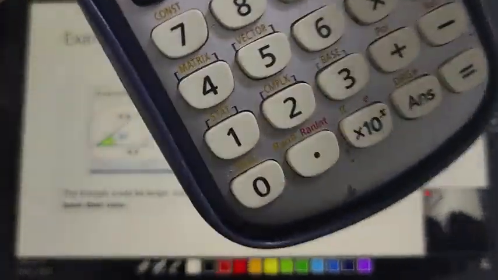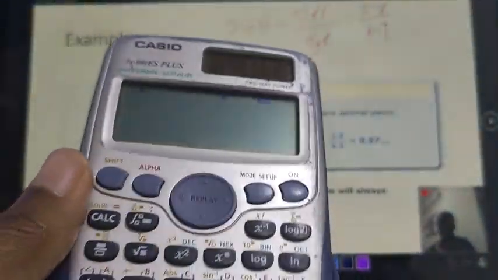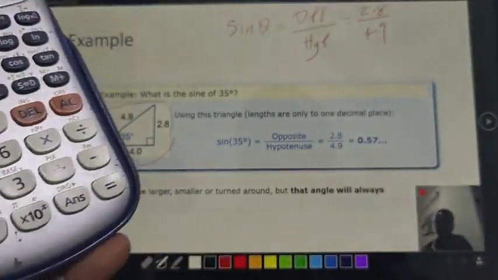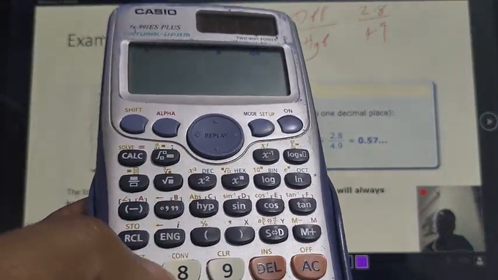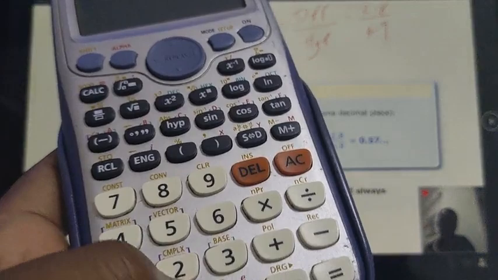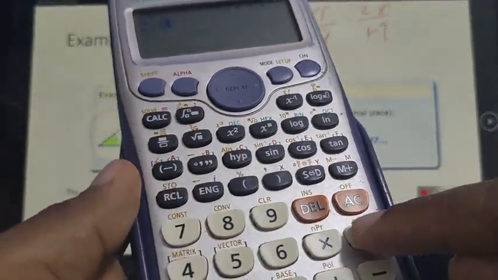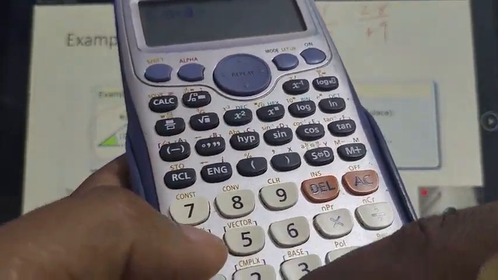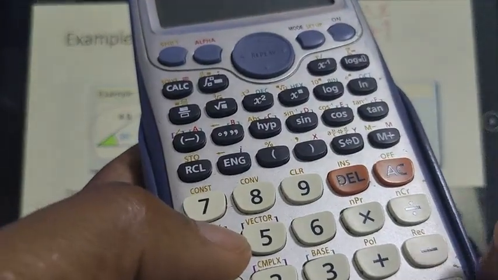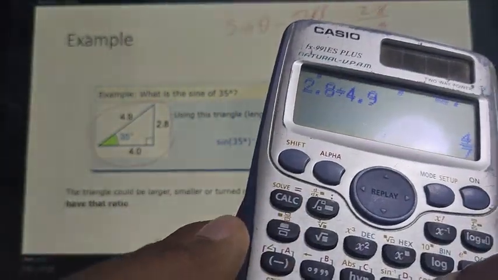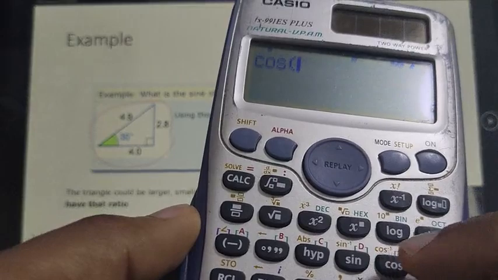If we take a calculator, sine theta is equal to 2.8 divided by 4.9, which is equal to 4 over 7.